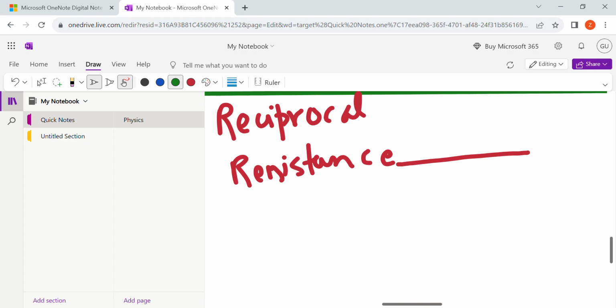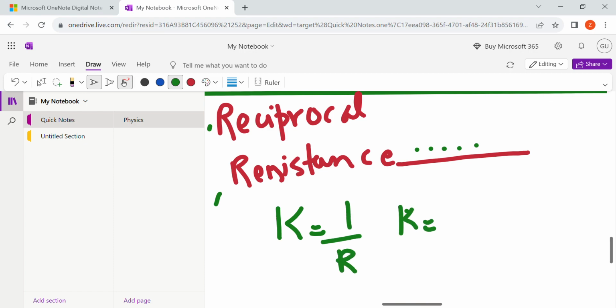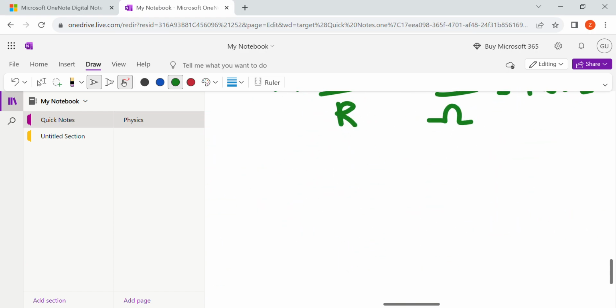I'm not writing down the answers, but आप लोग खुद लिख लें. The reciprocal of the resistance is conductance. Alright? Then K is equal to 1 upon R. K is equal to 1 upon R means ohm inverse. So if I ask you that ohm inverse is the unit of what, तो आप क्या बताएंगे?